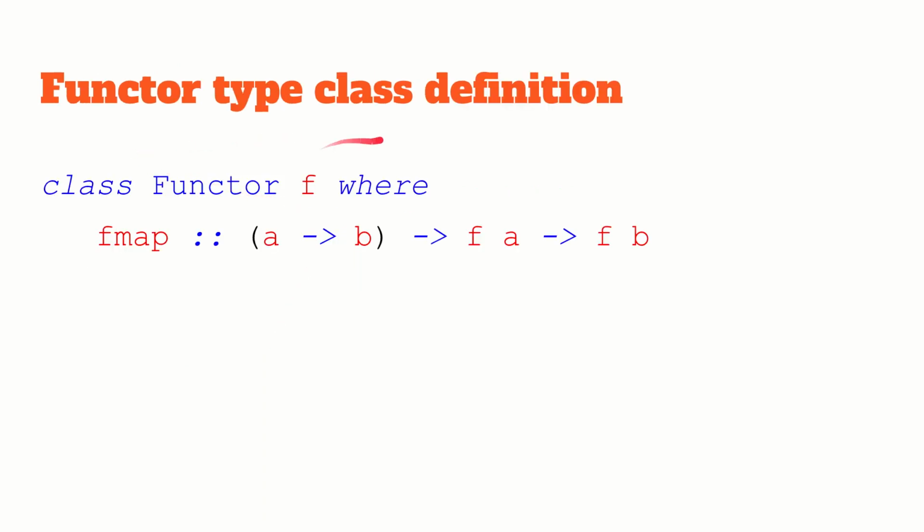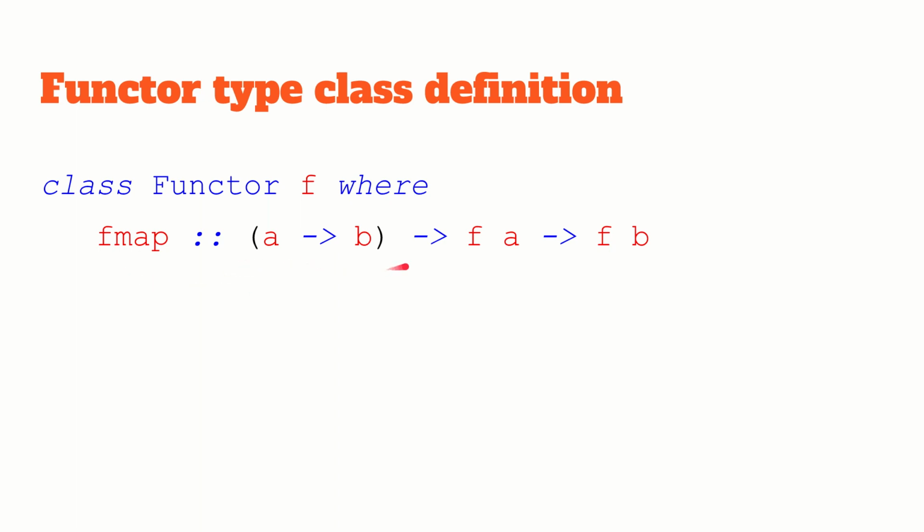This is the functor type class definition of a functor. So this is a lot like an interface, really. So it doesn't define any behaviour, but it shows you what it should do. So we have a function here called fmap.